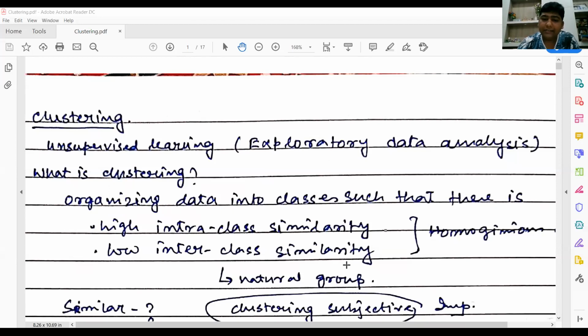I think you don't understand what high intra-class similarity and low inter-class similarity mean, so first I'll give an example. Suppose there are a lot of students in a particular field, and some students belong to Brunel University, and some belong to another university like Techno India University.